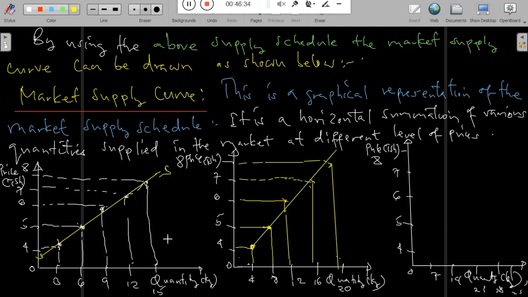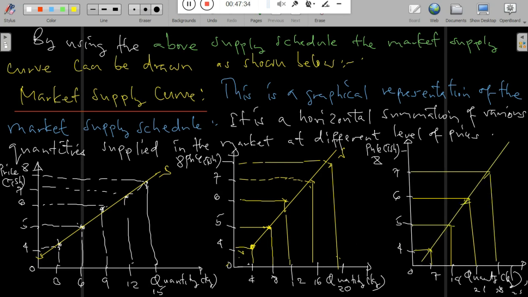So these are the two supply curves, one for firm A and another for firm B. When you combine these two individual supply curves, you produce the graph that presents the market supply curve.